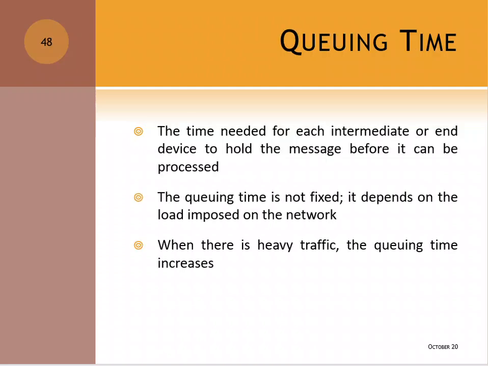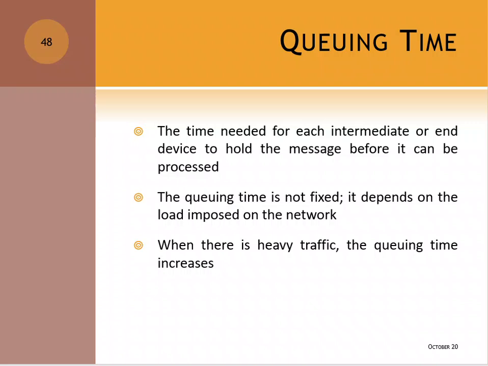And then we have also queuing time. Okay, so what is queuing time? Time needed for each intermediate or end device to hold the message before it can be processed. Okay, if you still remember, try to recall back chapter 2, the last part of chapter 2, I gave you the exercise to draw the format of message in network layer and data link layer.